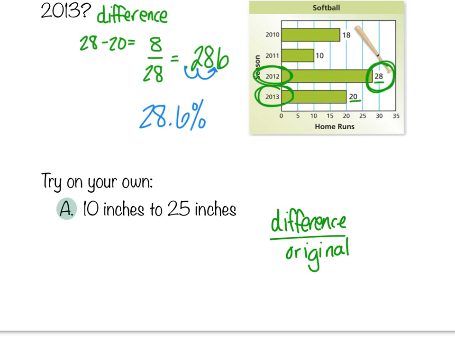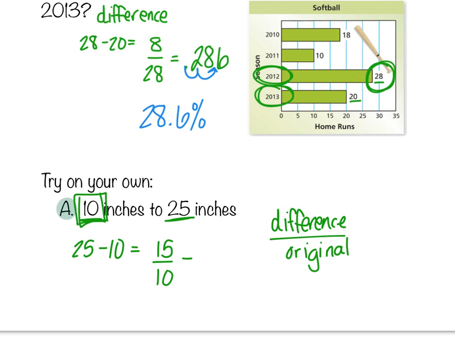Okay, so if you're ready for the answer then, the way you would do this, again, finding the difference, is you're going to subtract the two numbers, starting with the big one first. 25 minus 10 is 15. And then you put it over the original. The original number was 10. Okay, so we have 15 tenths. So we do top divided by bottom.